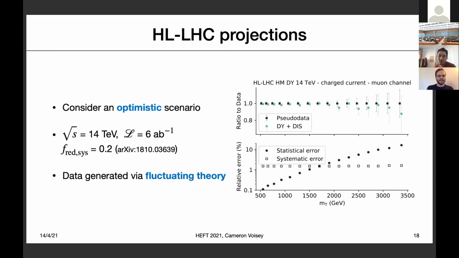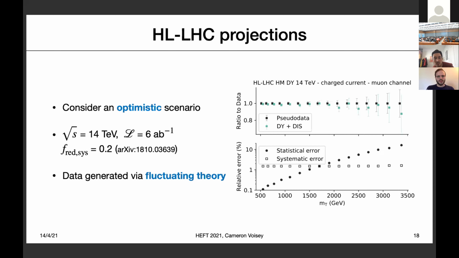To this end, we consider a center of mass energy of 14 TeV, an integrated luminosity of 6 inverse attobarns. So that's 3 inverse attobarns from each of ATLAS and CMS. And we have this parameter f_red^sys of 0.2, which means that we take some 13 TeV reference measurements and we reduce the systematics by a factor of 0.2.